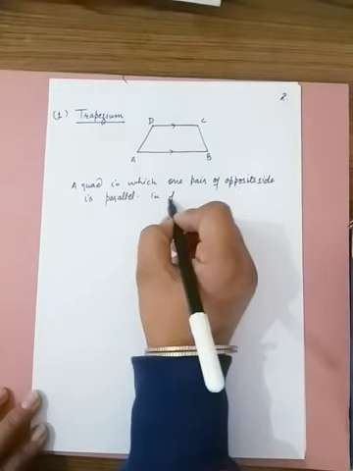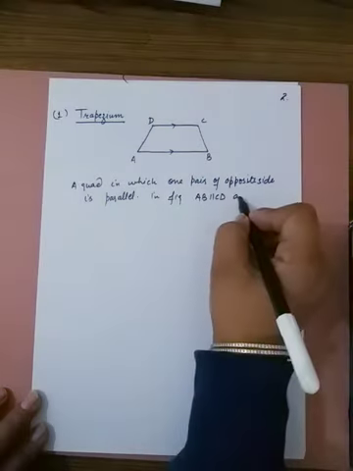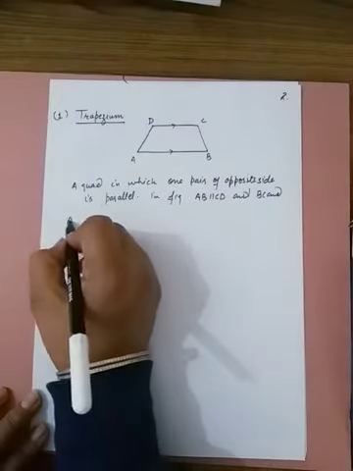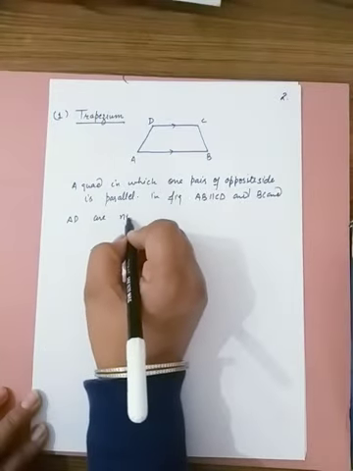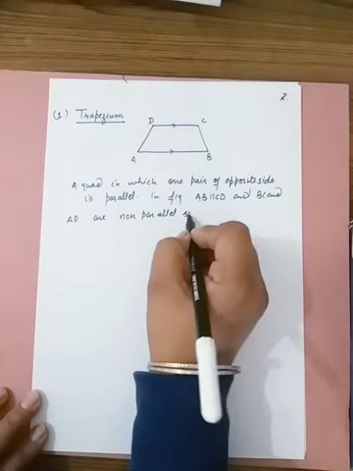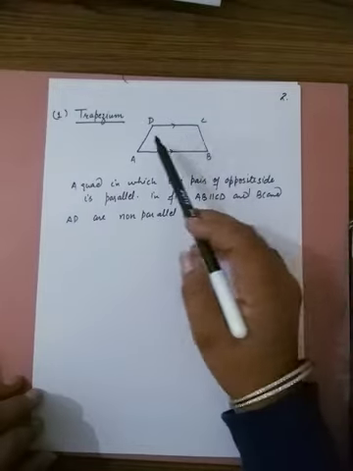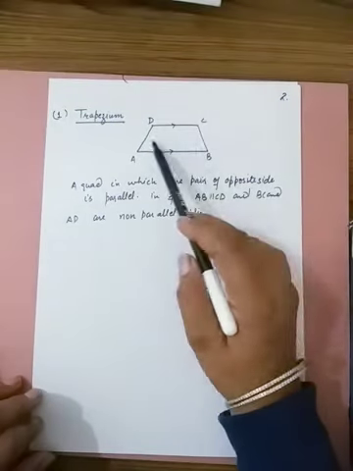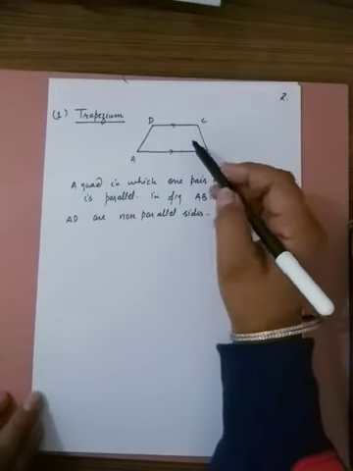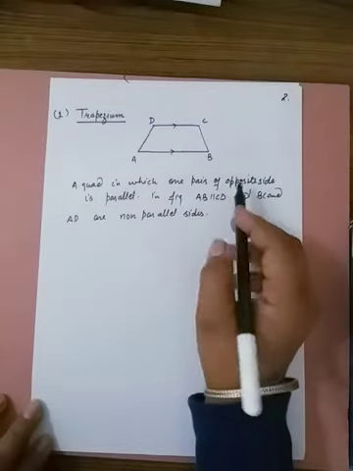In the figure, AB is parallel to CD and BC and AD are non-parallel sides. Because another pair of opposite sides is BC and AD, but these are not parallel, only one pair of opposite sides is parallel, so the given quadrilateral is called a trapezium.